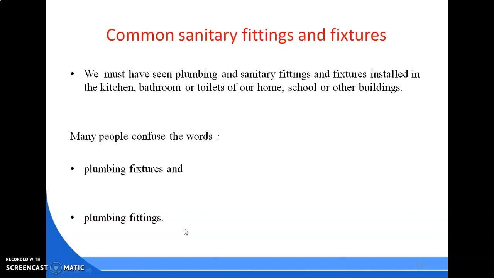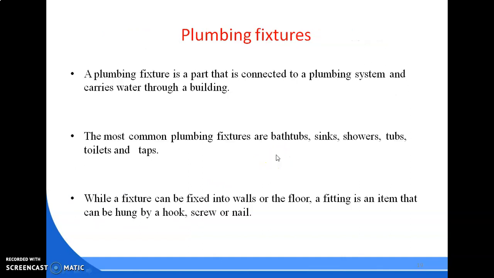Many people confuse the difference between plumbing fixtures and plumbing fittings. So let us discuss what a plumbing fixture is and what plumbing fittings are. A plumbing fixture is a part that is connected to a plumbing system and carries water through a building.